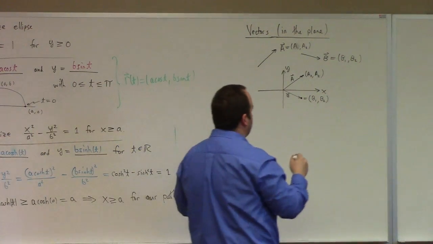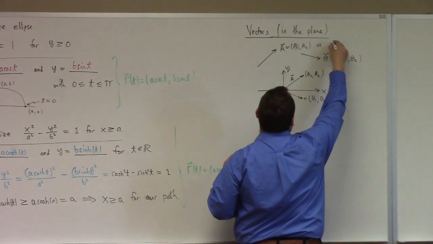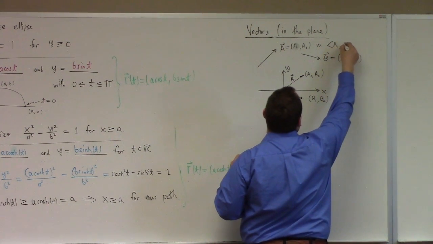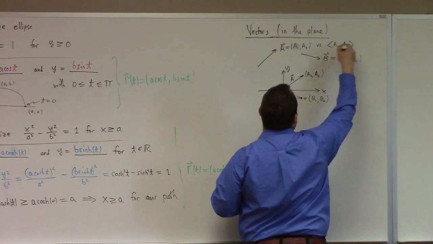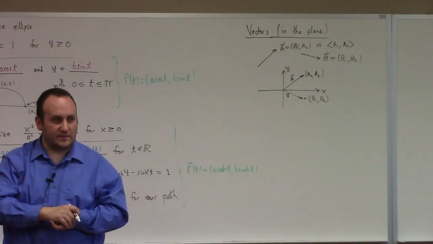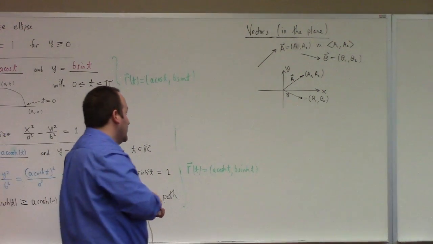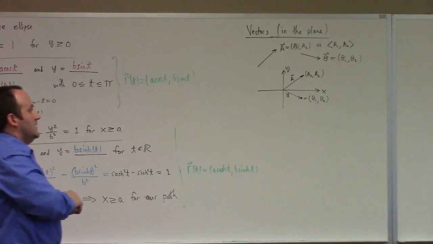If I want to distinguish between the point A1, A2 versus the directed line segment, I will use this for the directed line segment, whereas I'll use that for the point. But I'm identifying the two. I'm not making a distinction between those two things. I'm going to add them together, and mathematically they're for us the same. So anyway, enough about that.